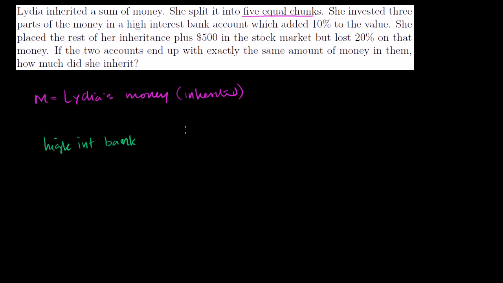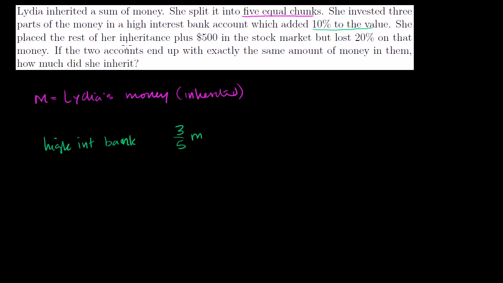So she took her money, divided into 5 chunks. So this is each of the 5 chunks, and she put 3 of those chunks. Or you could say she took 3/5 of her money and she put it into the high interest bank account, which adds 10% to the value. So that's how much she originally put in the high interest banking account.